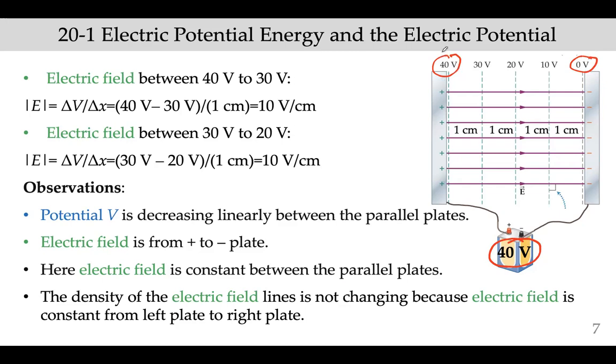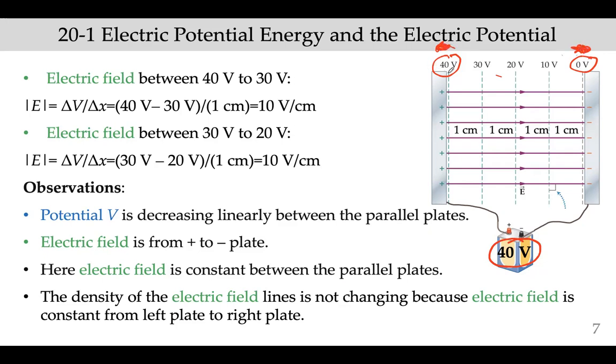We could, for example, have 60 and 20. What matters is the difference should be 40 volts. So these values are something that we choose to make calculations. So let's go with 40 and 0.